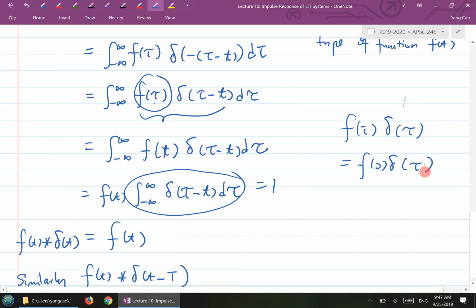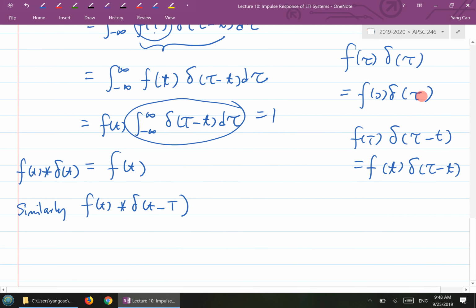And if I change this from delta tau to delta tau minus small t, you consider this small t as a constant, so it's a shifted one. That's why it becomes f of small t times delta tau minus t.